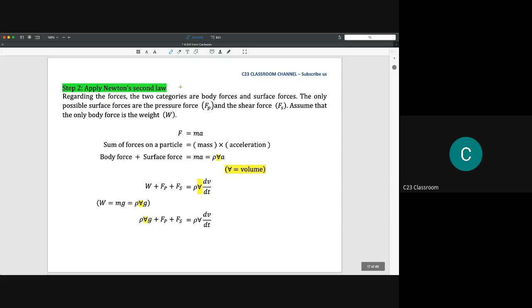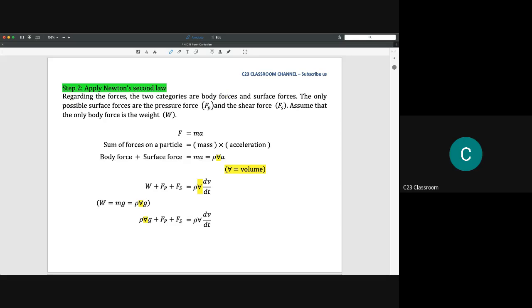Then the second step is we start with Newton's second law, which means we start with force. We assume that there are two categories of forces, the body forces and the surface forces.